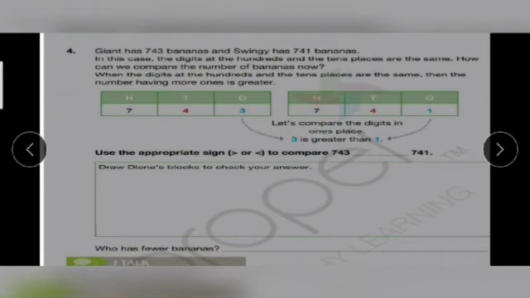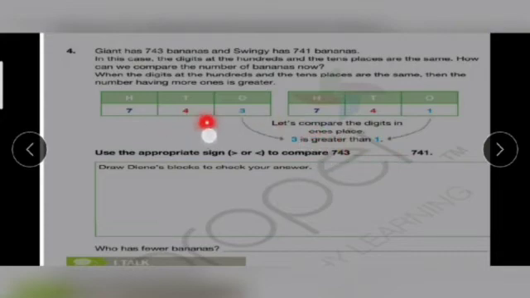Next, if we compare the number on the tens place, here 4 is on the tens place, here also 4 is on the tens place. Now, what do we have to do? How to compare now? Because we are not getting the answer by comparing the 100 place and tens place. Now we have to compare the ones place digit. Here 3 is on the ones place. Here 1 is on the ones place. So let's compare the digit in the ones place. 3 is greater than 1.